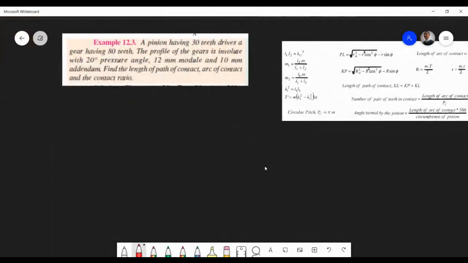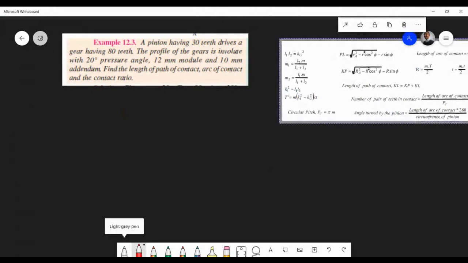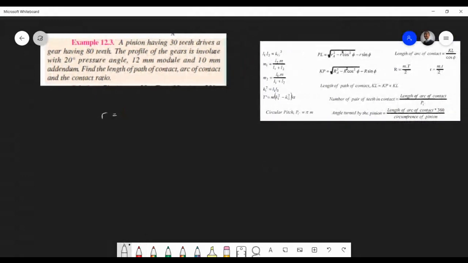First step, as per normal, we work out our pitch circle radius, small r, and that's just going to be the module, small m, times the number of teeth, over 2. The module in this case is given as 12. The pinion has 30 teeth, and we're dividing by 2. I want to show you it's the same procedure, so please walk with me through this one.